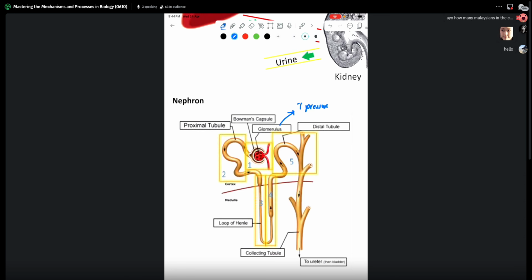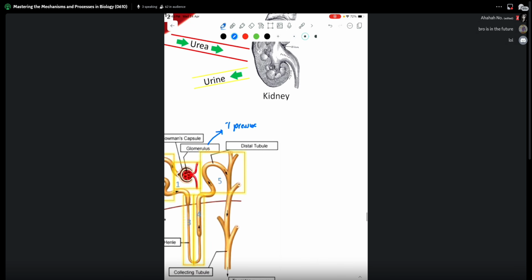All right, so glomerulus, they will undergo this ultrafiltration. So what does ultrafiltration mean? It means that whatever we have in the nutrients, everything is going to be filtered, and what they will filter out is all the larger molecules, like proteins.